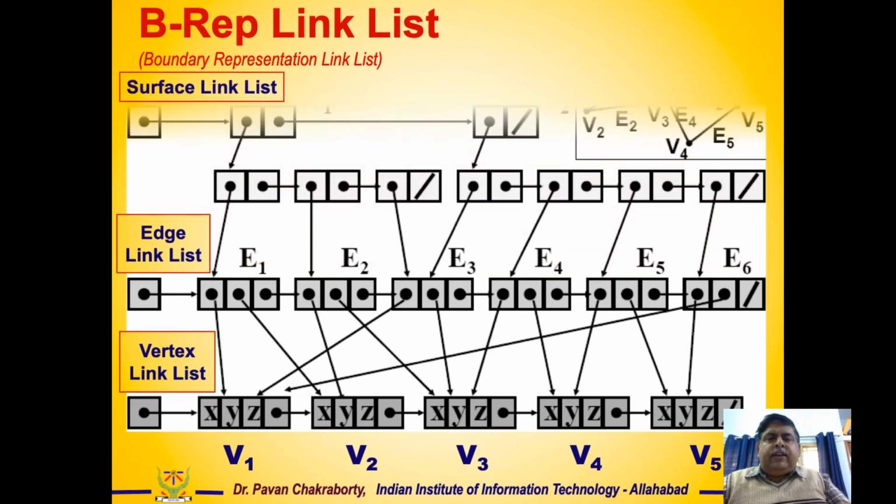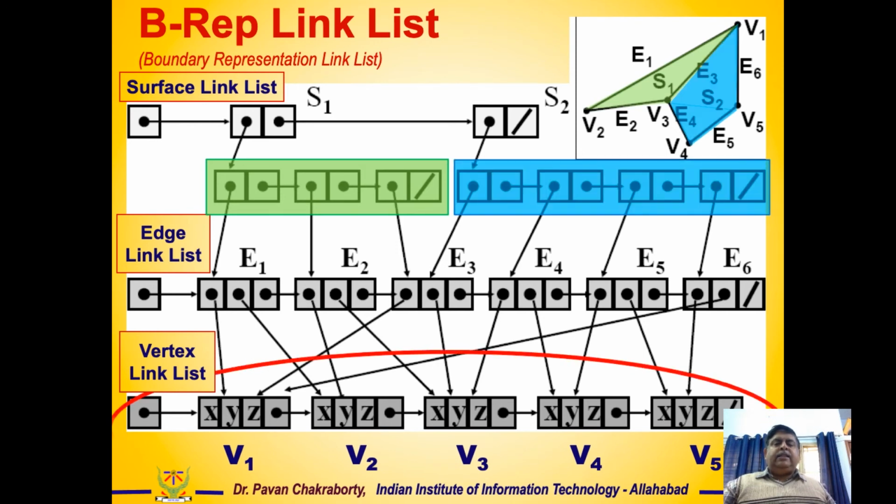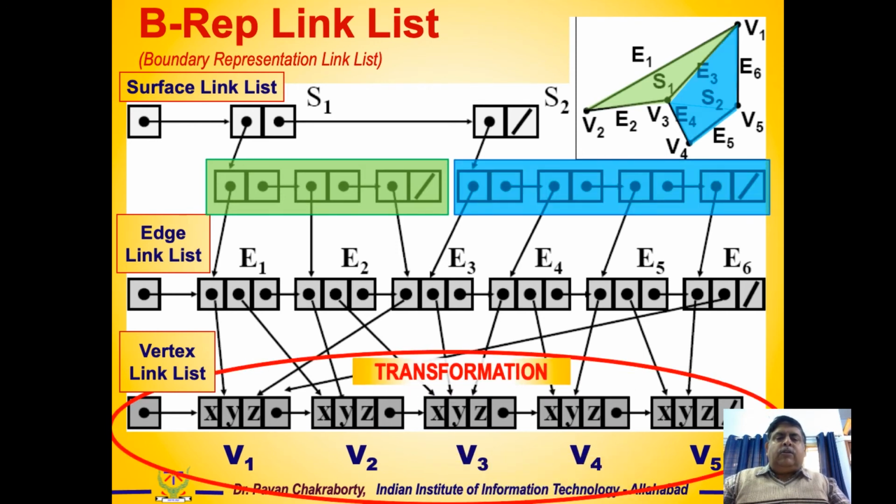Similarly, I can have the connection between the edges and the surfaces. What you see here, this was the green surface and this is the blue surface. So when I have these different layers of thought process, or the way I have constructed my data structure for graphics, what I see is that the transformation has to be implemented on the vertices.